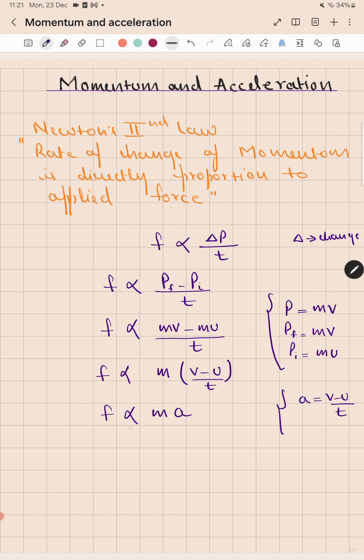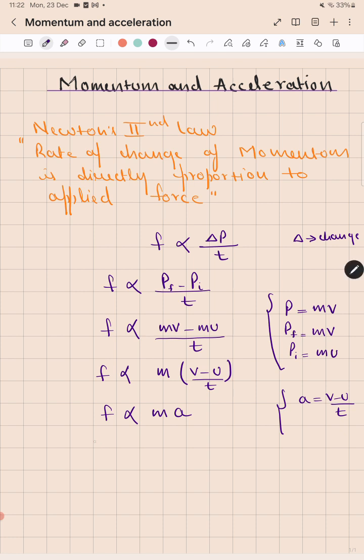But this direct proportion looks a little weird, because in physics all the formulas are in the form of equals to. So how are we going to remove the direct proportion? Whenever direct proportion comes in any equation in physics, when you remove it and put equals to, a constant always comes in its place. Every equation has a fixed constant.